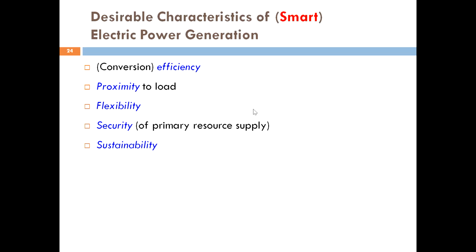Security of the primary resources is very important, as well as the sustainability, environmental sustainability, social and economic sustainability. These are very important issues that have to be considered in terms of power generation.